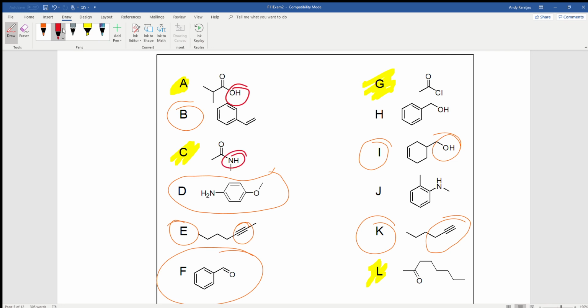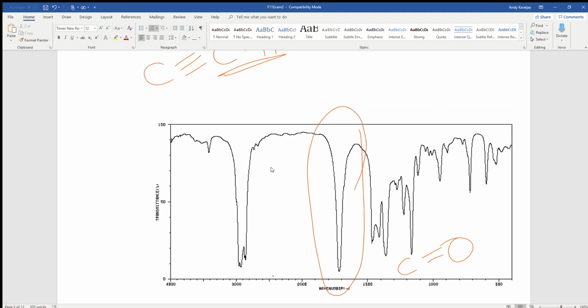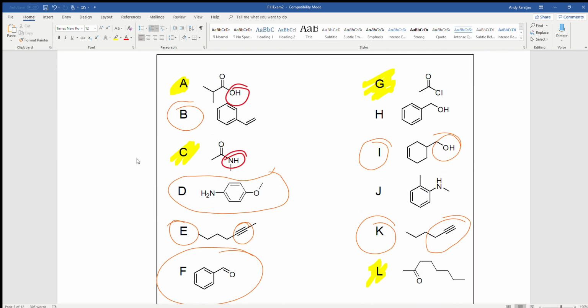Compound C has an NH group. If we go back to our spectrum, we can see our region for OH and NH has nothing there. I'd also like us to note that our carbonyl peak here is just above 1700. So we know there's no OH, there's no NH, so we're now left with G and L as the two possibilities.